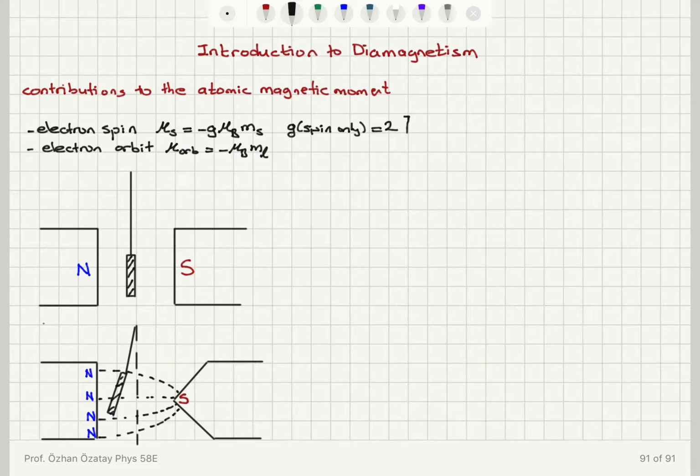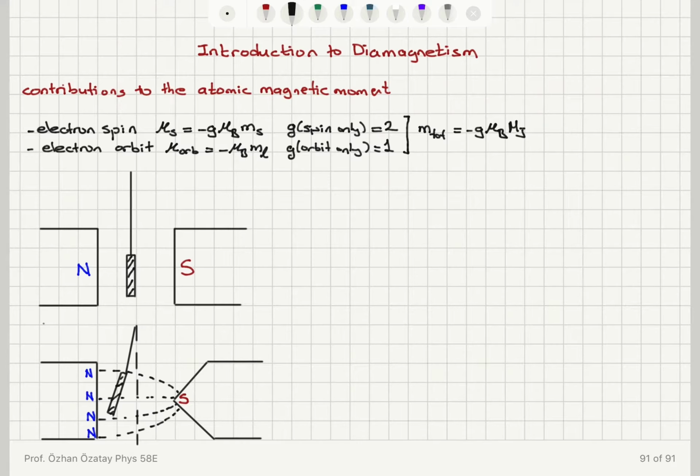And in the presence of both spin and orbit, we have a total contribution minus g factor times Bohr magneton times m sub j, and g is, if you remember, 1 plus j(j+1), etc. So it depends on the relative contribution of spin and orbit. And the g factor for orbit only is 1.